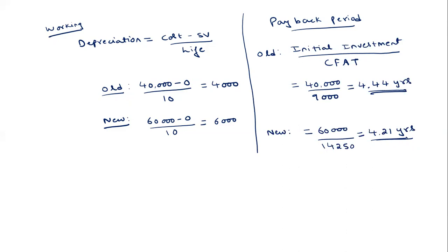When we apply this, we get 4.44 years for the old machine and 4.21 years for the new machine. It is a sensible decision for the manager to opt for replacing the old machine with the new machine, because that helps you slightly in terms of recovering your money quickly when you compare the old and the new machine.